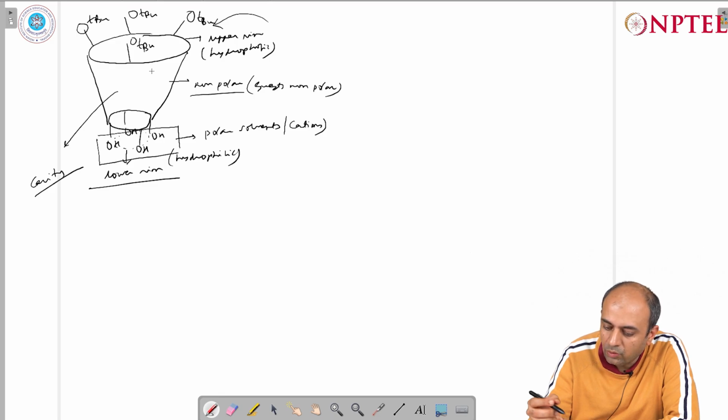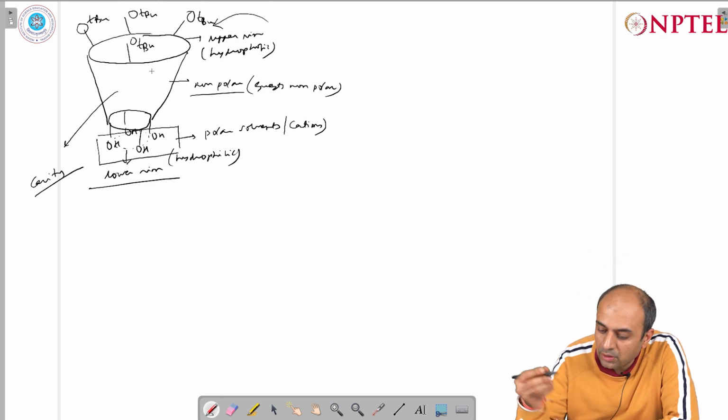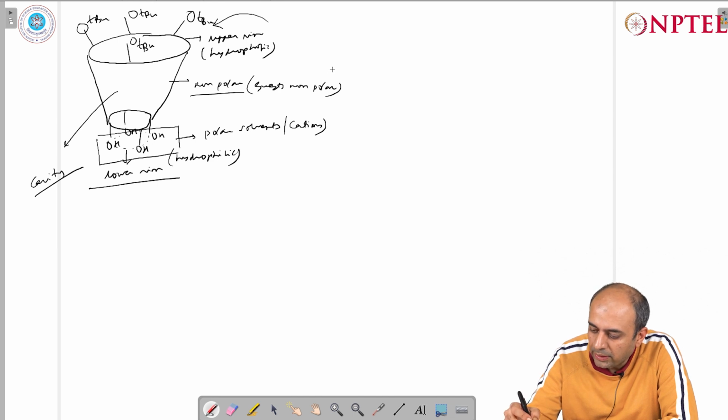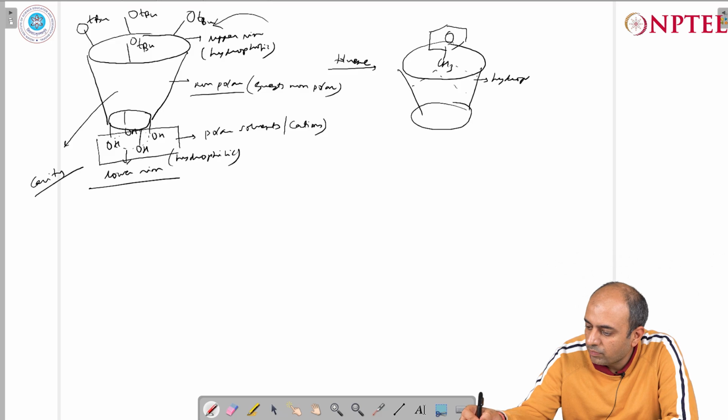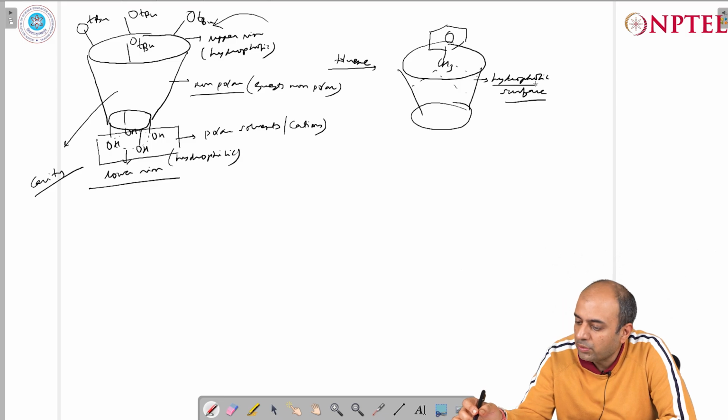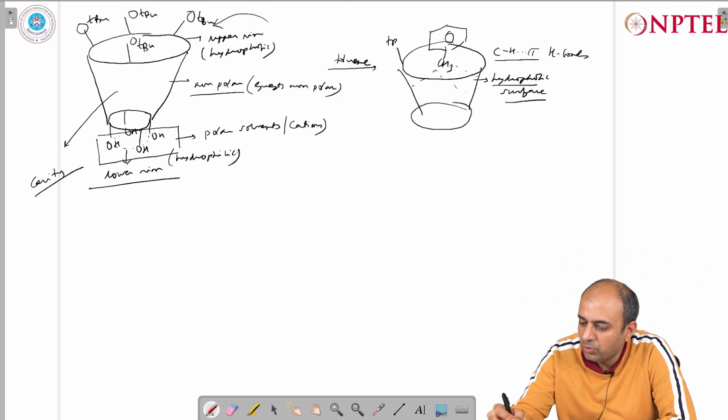For example, we can include toluene. It has been observed that toluene interacts with this hydrophobic surface via CH-pi hydrogen bonds, and we know that the tertiary butyl groups are present.